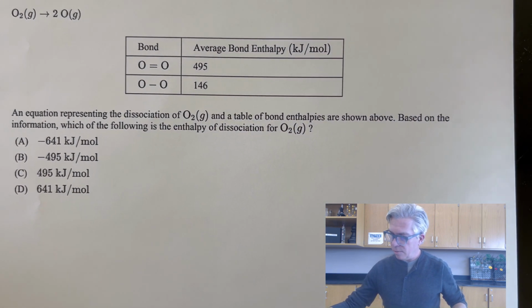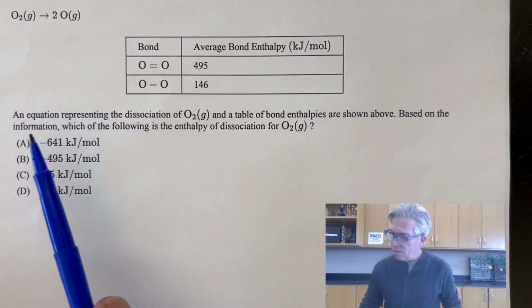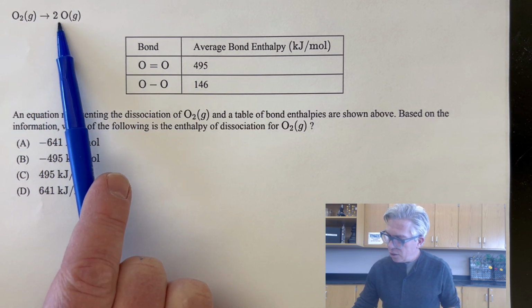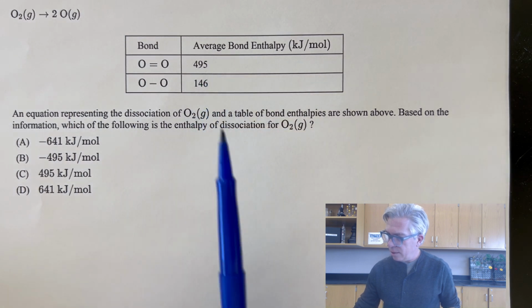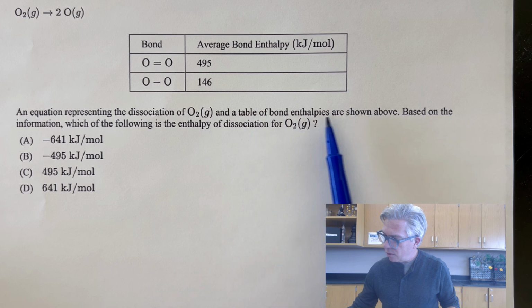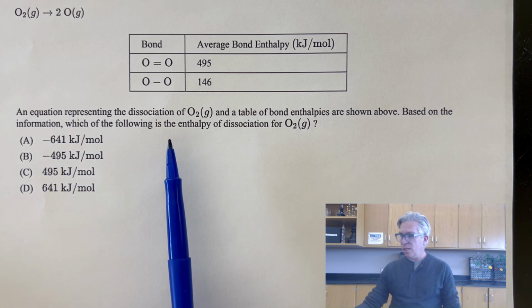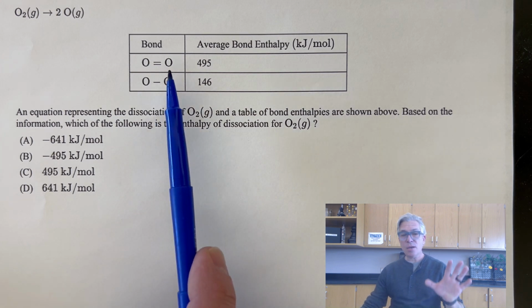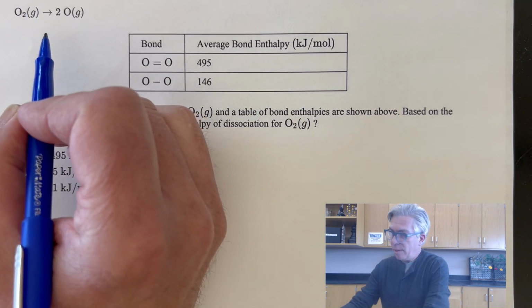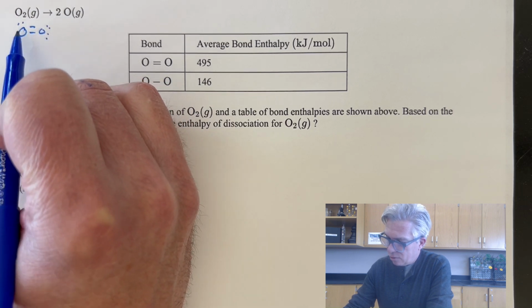All right, a couple more to go, and then we'll be done speed running these questions. Ooh, this looks familiar. We have oxygen breaking apart into oxygen atoms. The bond enthalpies are there. An equation representing the dissociation of O2 and the bond energies is shown. Which of the following is the enthalpy of dissociation for O2? Remember O2 is diatomic and it's a double bond if you draw the Lewis structure.